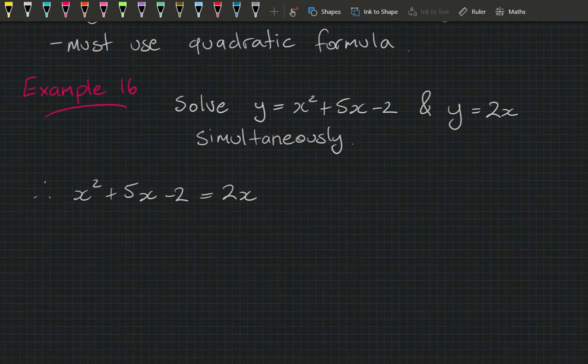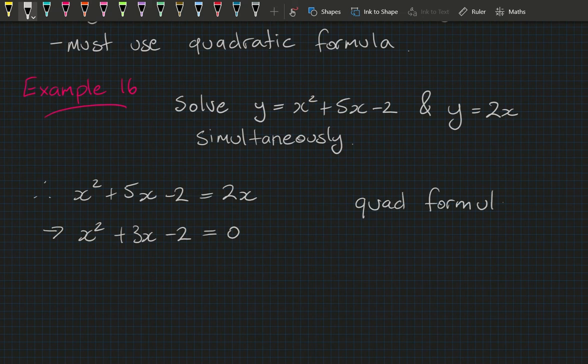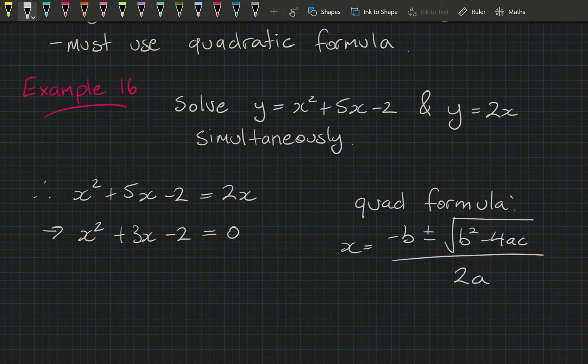And of course that's the same as saying x squared plus 3x minus 2 equals 0, because 5x minus 2x is 3x, right? So let's recall that the quadratic formula is x equals minus b plus or minus the square root of b squared minus 4ac all on 2a. And in this quadratic that we're looking to solve, a is equal to 1, b is equal to 3, and c is equal to minus 2.